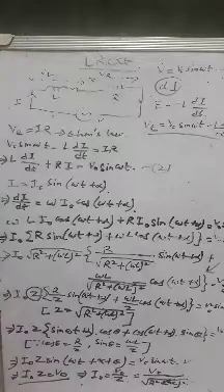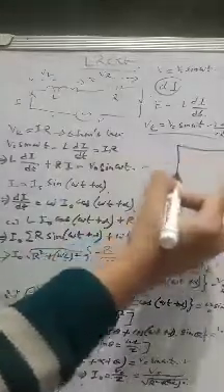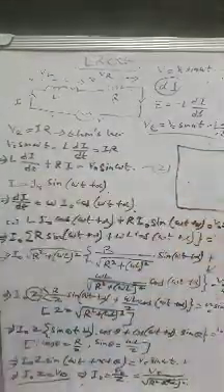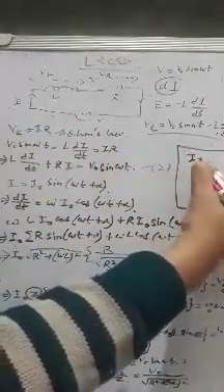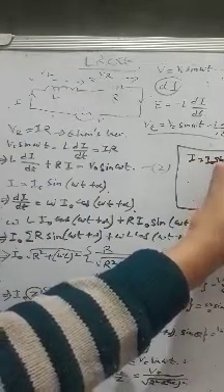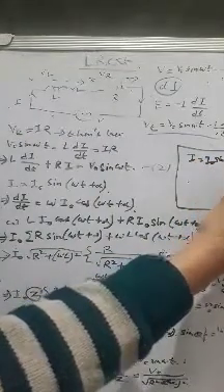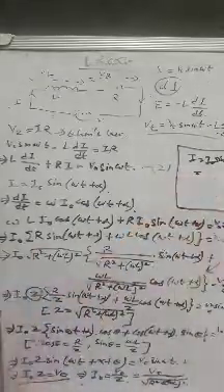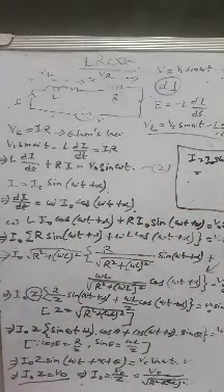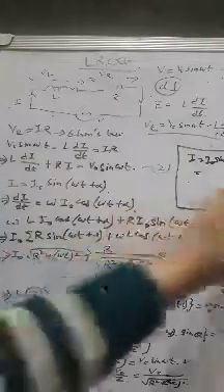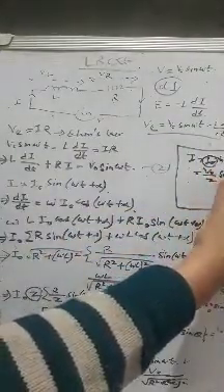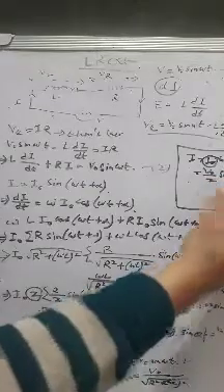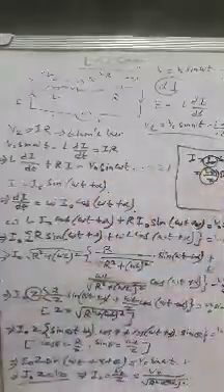I am writing this here, students. I will be equal to I naught sine omega t minus theta. I am not rubbing it out, you can see the calculations, which is equal to, for I naught I can write V naught by Z, and the same thing sine omega t minus theta. Understood. For I naught I am using V naught by Z.